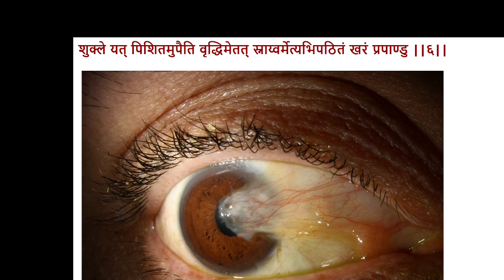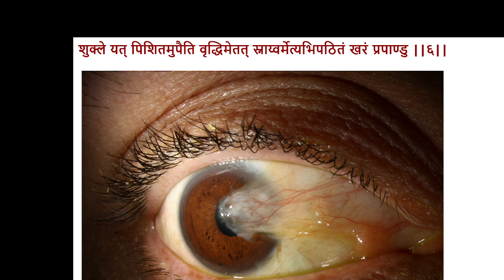Then Shukla yat Pishram Upaiti Vruddhim Etad Snagarma iti Abhipatidam Kharam Prapandu. When the same has become very hypertrophied and fibrosed, rough, and very extensive, it is called Snayavarma, where it has become rough and fibrosed.